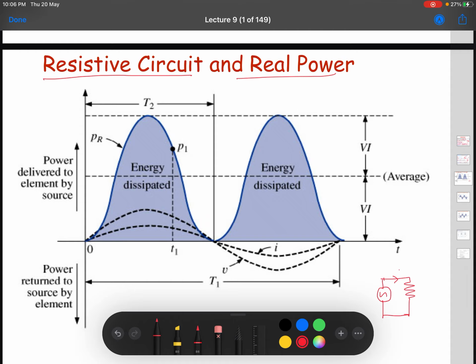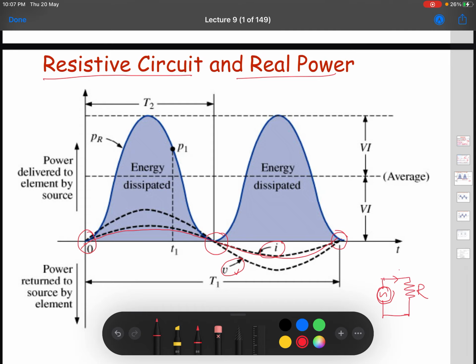If I take this V as Vt sine omega t, the current will obviously be in phase. There will be no phase difference if you have only resistance in this. That is what is shown in this figure: this is voltage and this is current, and there is no phase difference between them. And this is one cycle going from this point to this point.